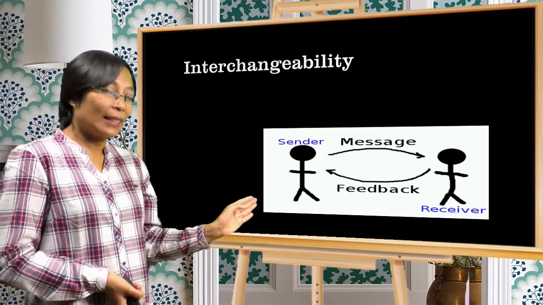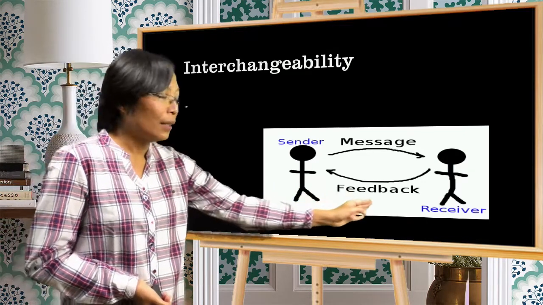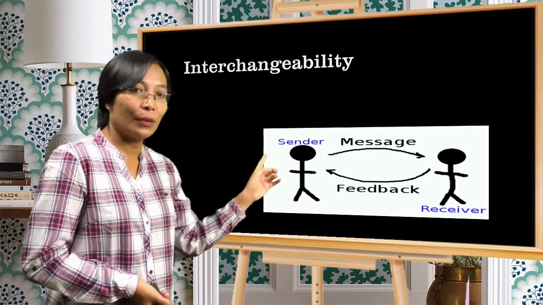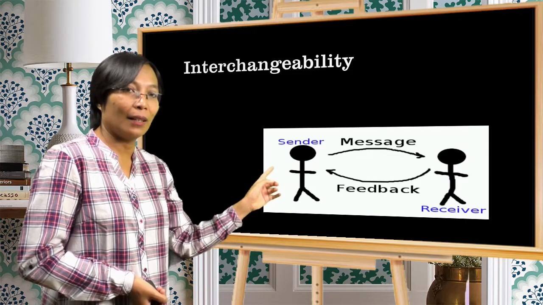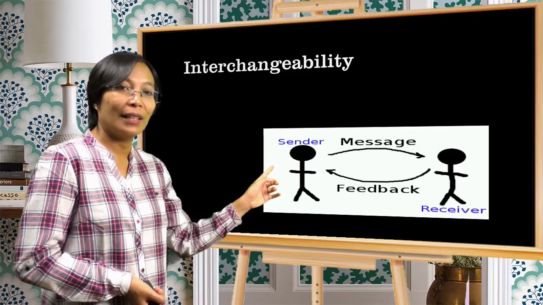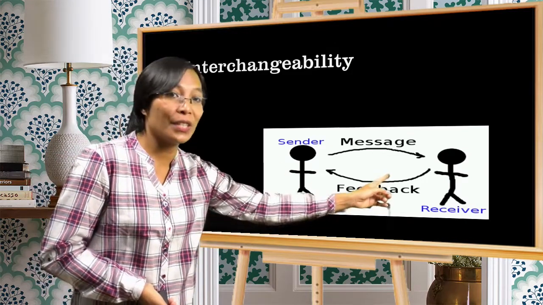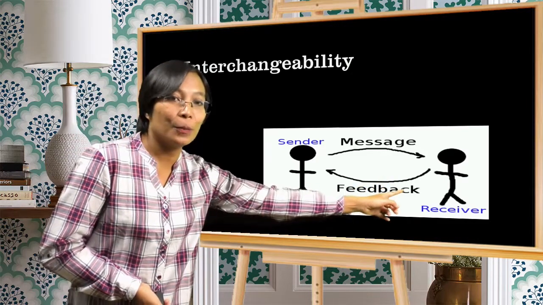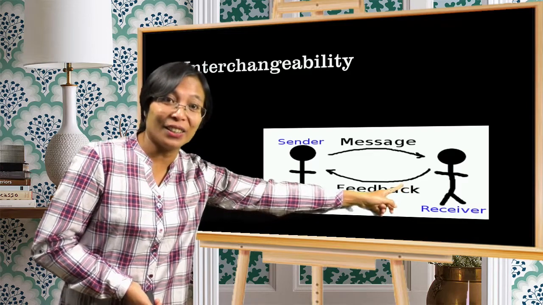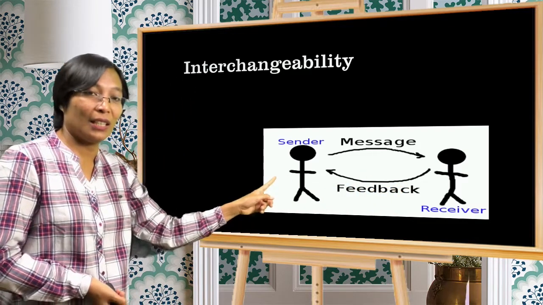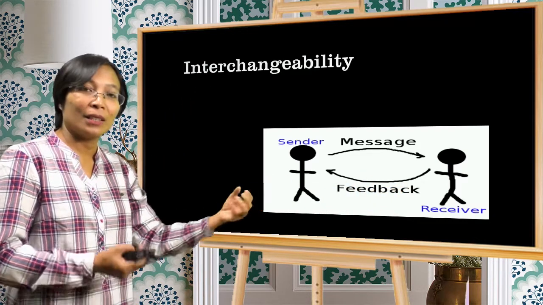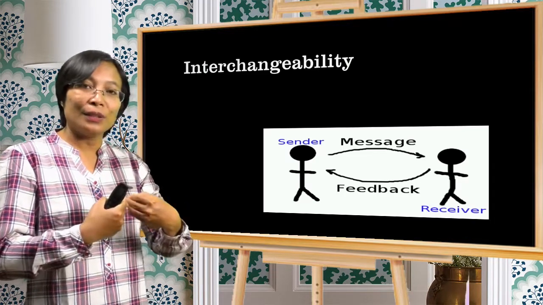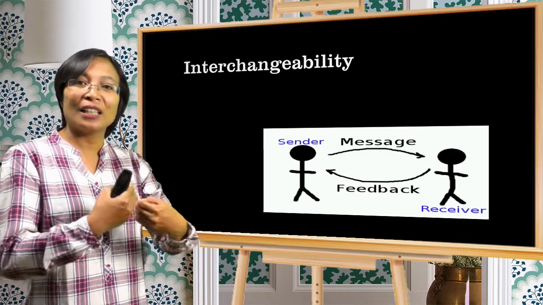Now, when the sender transmits the messages, of course, we call this figure the sender. Now, what about when this person gives the feedback? Now, this person is the sender and this person is the receiver. So the role is different, or the role is interchangeable.